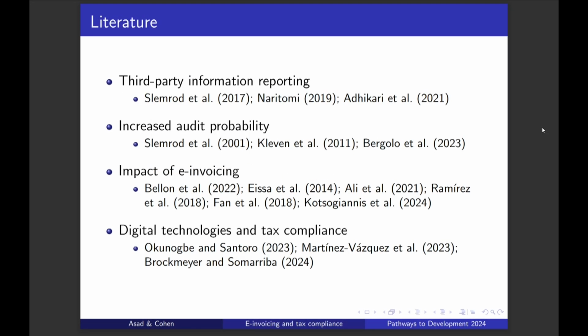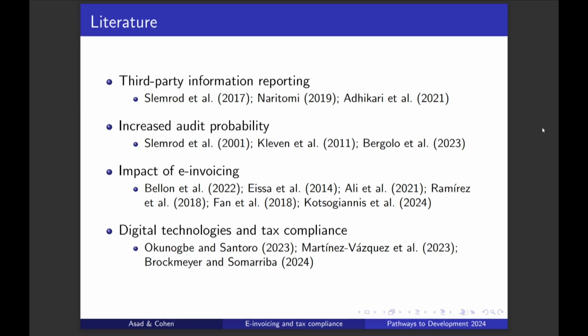Right. So in the interest of time, I'm not going to dive a lot into the literature, but I would say that there is very active research on using third-party information and how it can improve tax compliance. So we contribute to that literature. There is also quite a rich literature on how increasing the threat of audit or the perception of getting caught is going to improve tax compliance on the part of taxpayers.